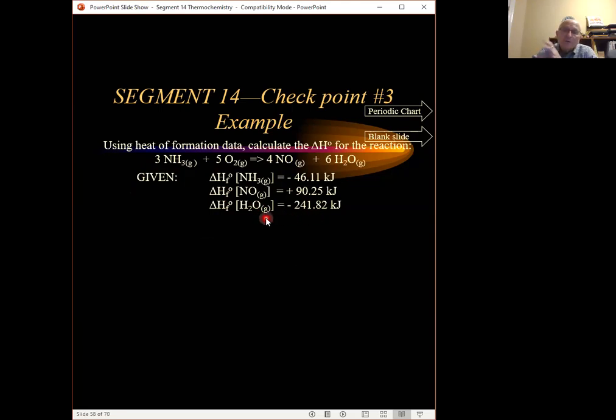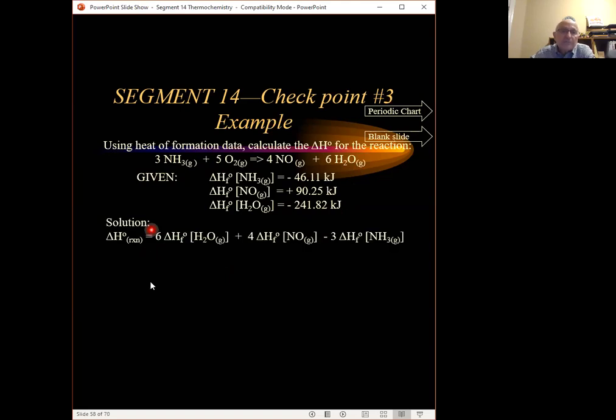Now, you do need to be very, very careful to check the subscripts and the phase of the substance, because you will find water in your table of heats of formation as solid, liquid, or gas. And you have to make sure you're using the phase that's in the problem and picking out which of those three numbers to use in the reaction.